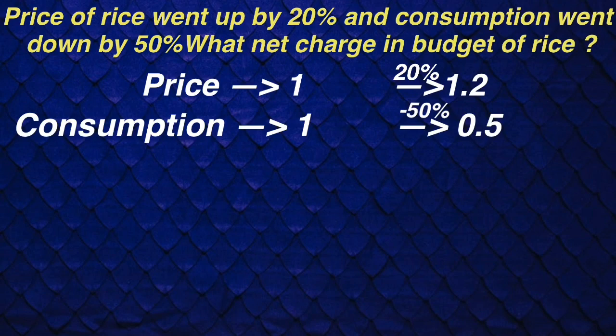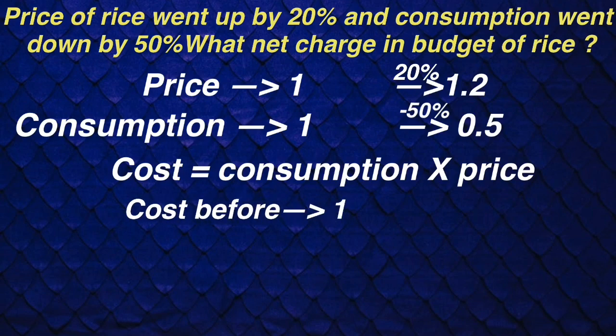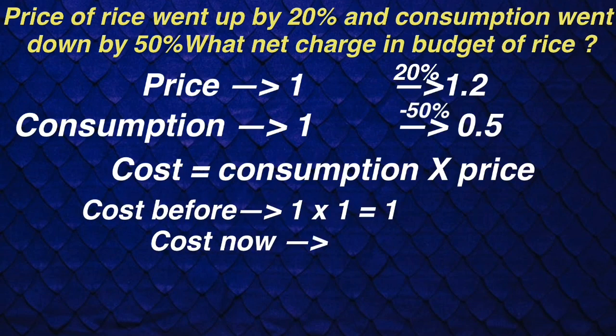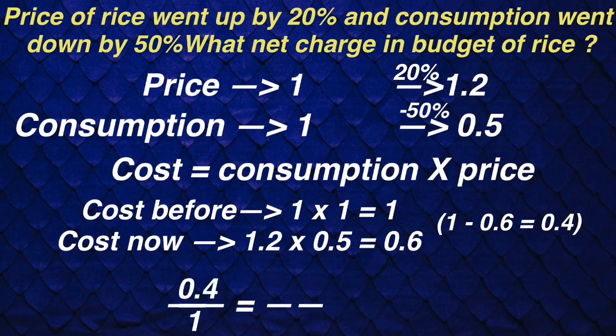Here cost is consumption into price. Cost before is 1 into 1, which is 1. Cost now is 1.2 into 0.5, which is 0.6. So the budget changed from 1 to 0.6. That means it decreased by 0.4 out of 1. Converted to percentage, 0.4 by 1 into 100 by 100 is 40 by 100, 40%.